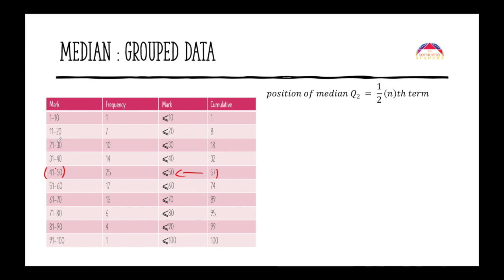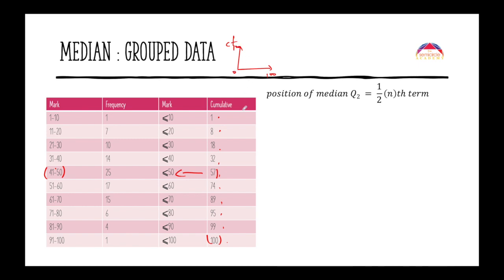Usually, to find the median of grouped data, we have to draw a cumulative frequency curve. So we take our cumulative frequency, which will be on the y-axis. All right, remember, frequency always goes on the y-axis, but in this case, it's the cumulative frequency. And we have our marks out of 100, and we can see the cumulative frequency here is also out of 100, right?